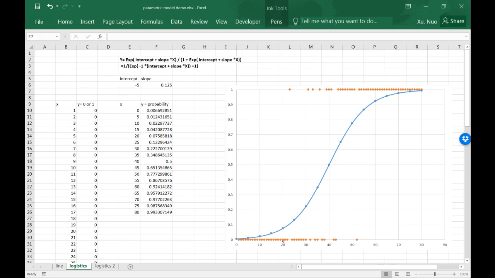So it seems up to 20, the probability of being 1 is 0. And above 60, the probability of being 1 is 100%.